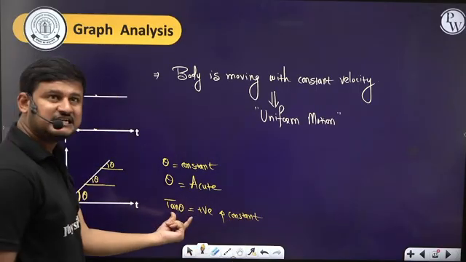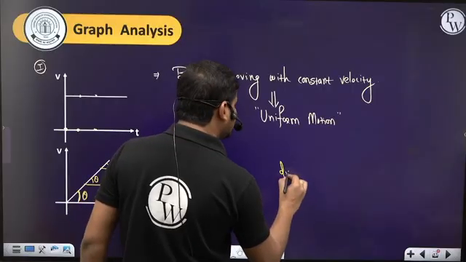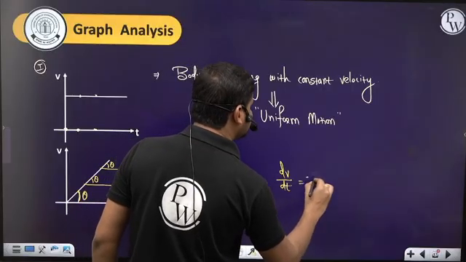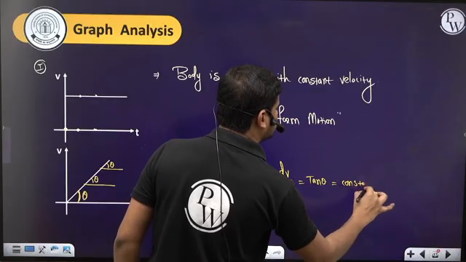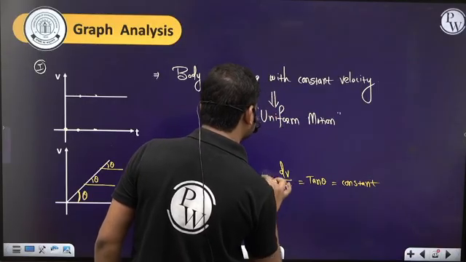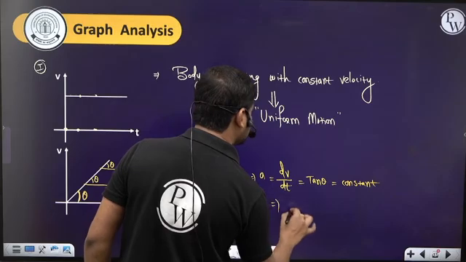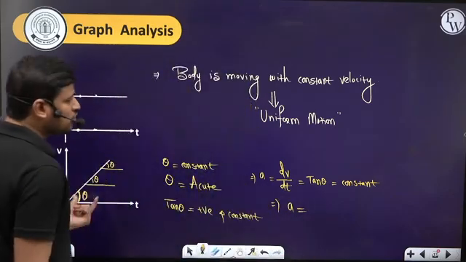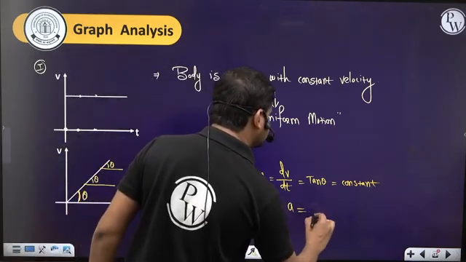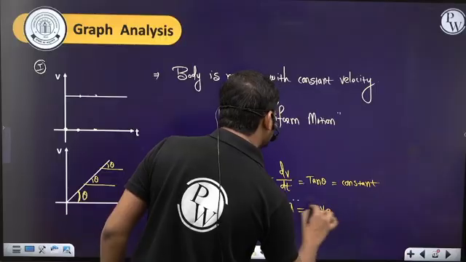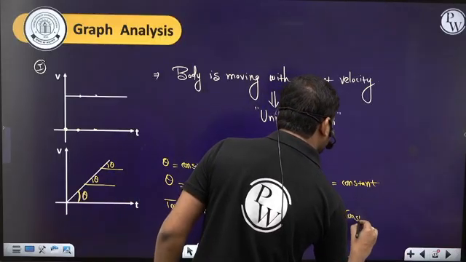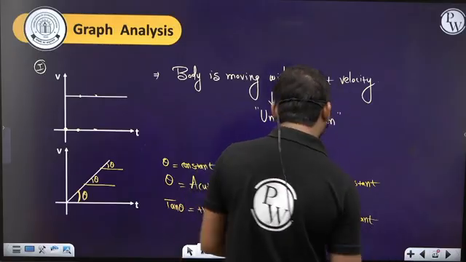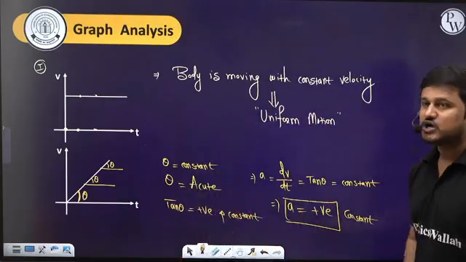So what is tan theta? Tan theta is nothing but dv by dt, which is constant and positive. What is dv by dt? It is acceleration. So the body has constant, positive acceleration. The body is moving with uniform positive acceleration.